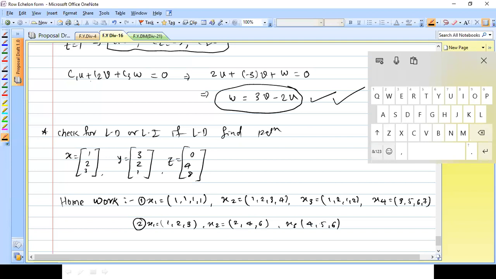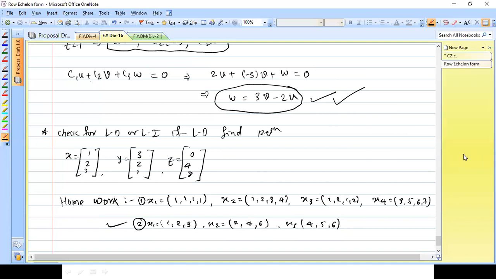What can you say about the second one, whether it is dependent or independent, without solving? Do you have any comment on the second homework example?